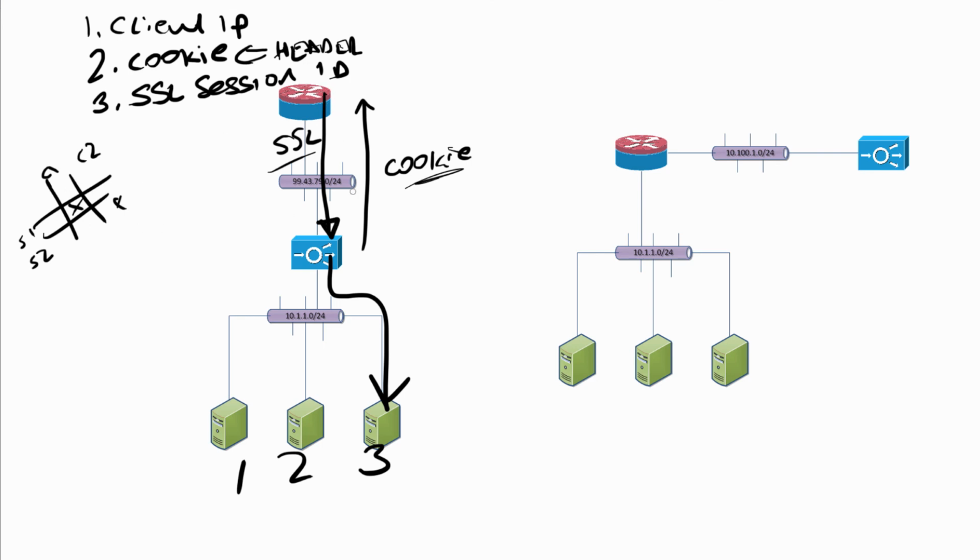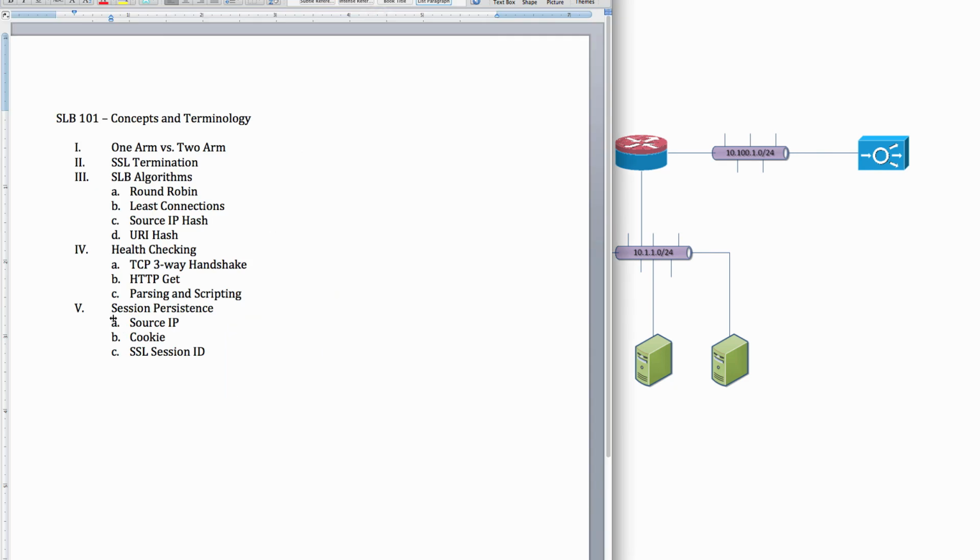Then when the same user opens up a connection, it's going to have the same ID. So when they come back later, I recognize the user because it has the same session ID, and I send them back to the same server. So again, all persistence means is that I am remembering where I sent them before, and I make sure the load balancer sends them to the same place every time going forward.